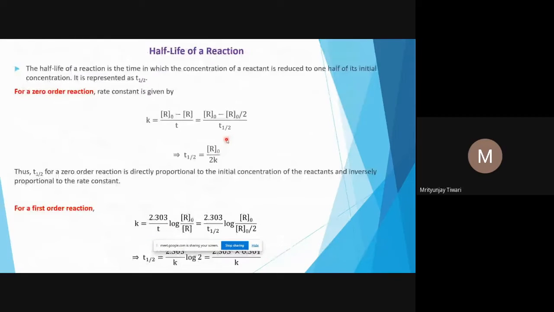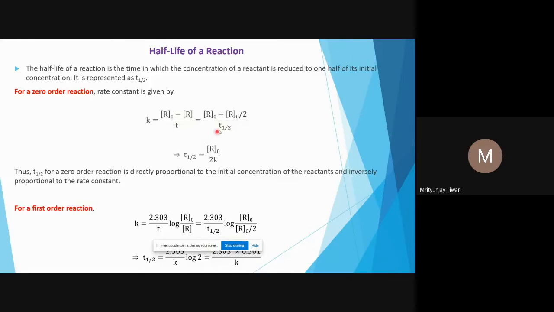So what do you see here? If R, the remaining concentration of the reactant at time t, becomes half of R naught, it means half of the reactant is already consumed, and the time required to reach this concentration is represented as t half.